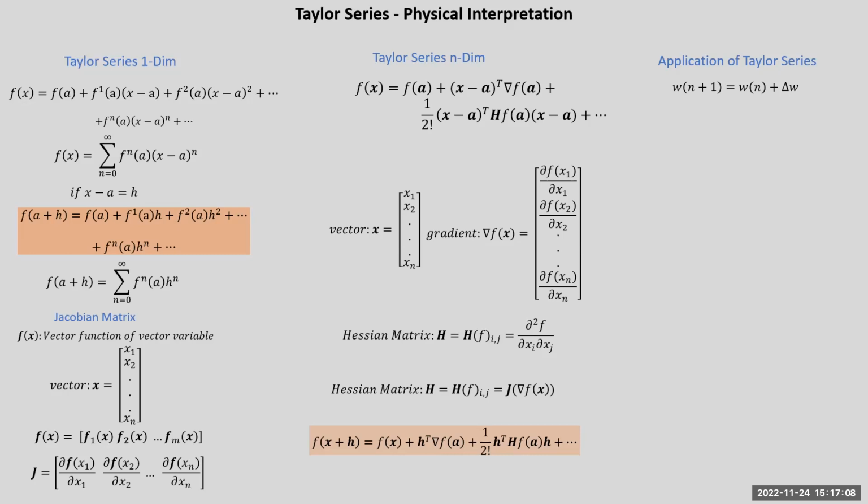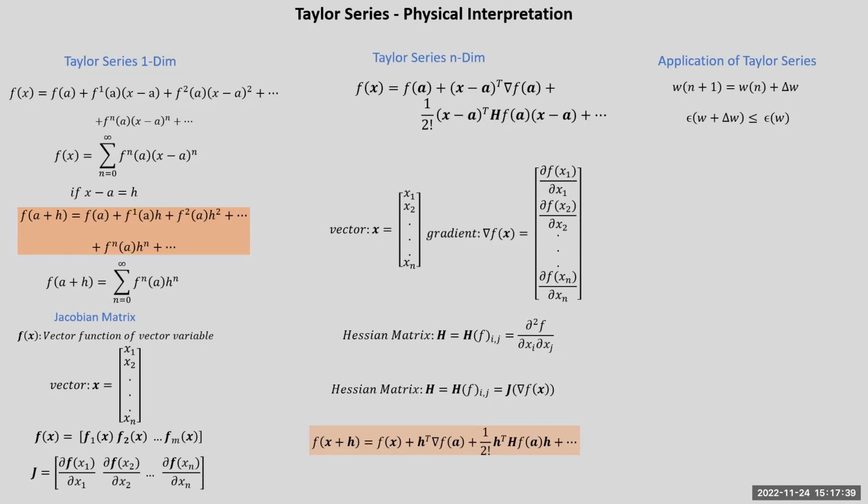As w of n plus 1, that is the weights in the next iteration, is equal to the weights in the current iteration w of n incremented by a very small value, that is delta w. So this is a very standard idea of updating weights in any adaptive algorithm. Now what is the criterion for the choice of delta w?